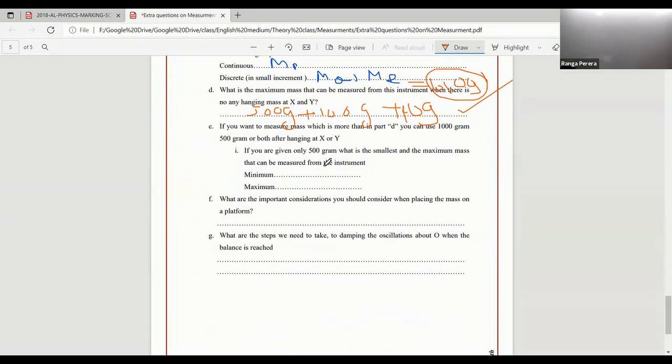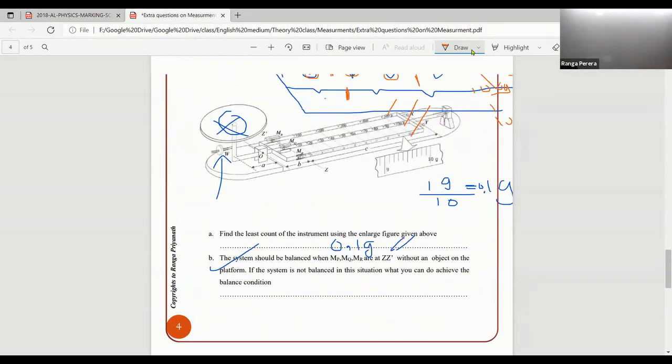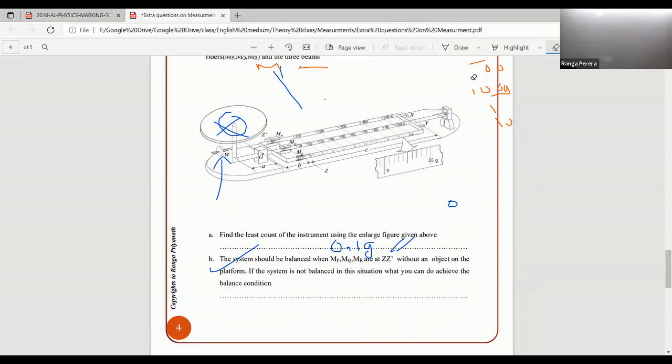If you are given only 500 gram, what is the smallest and the maximum mass that can be measured from the instrument? Smallest: if you are given 500 gram, you hang it at that location. Now it is 500 gram. Let's say these riders are at that location. So the minimum would be 500.